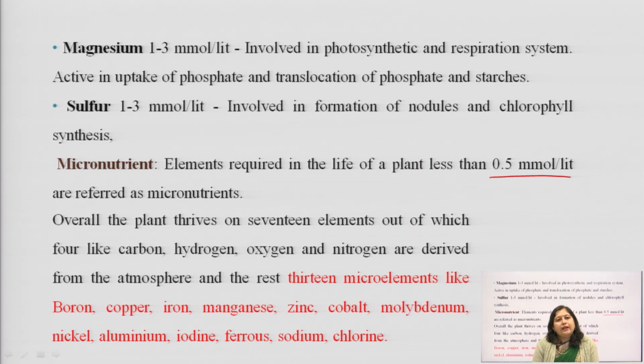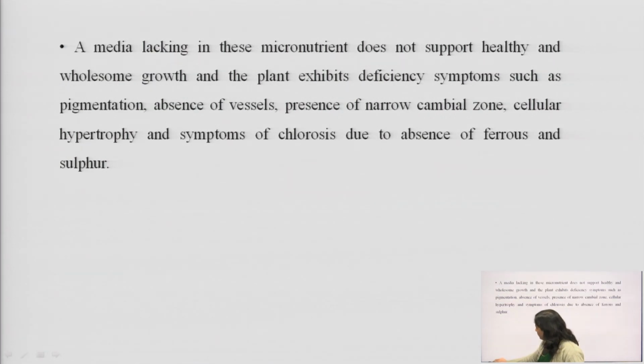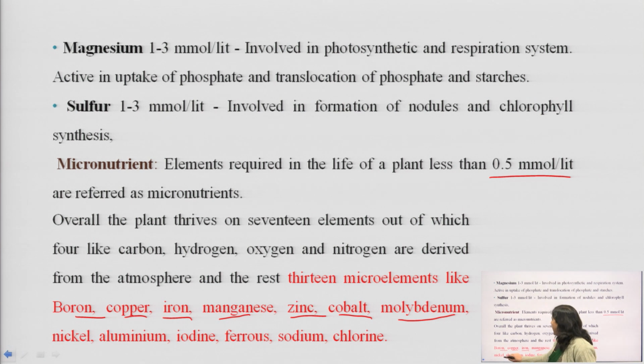Overall, the plant thrives on 17 elements, out of which 4, like carbon, hydrogen, oxygen and nitrogen, are derived from the atmosphere, and the rest 13 micro elements like boron, copper, iron, manganese, zinc, cobalt, molybdenum, nickel, aluminium, iodine, ferrous, sodium and chlorine.